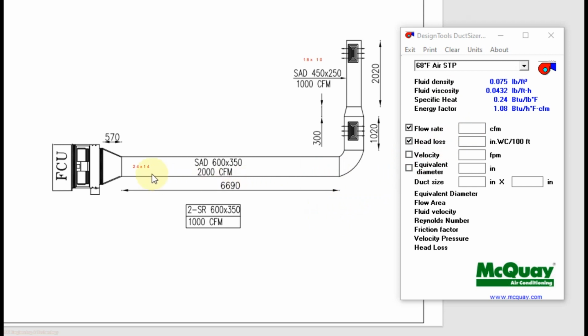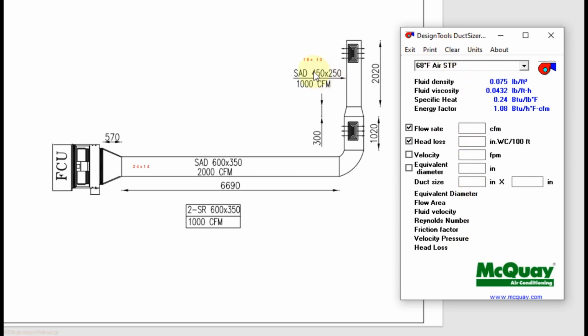For 24 by 14 inch, 2000 CFM, we have the head loss equal to 0.061 water gauge per 100 feet.